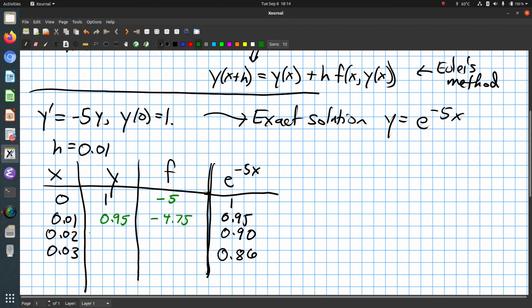Okay, now the next entry here is 0.95 plus 0.01 times the minus 4.75. And putting that into the handy-dandy calculator gives me 0.90 indeed.